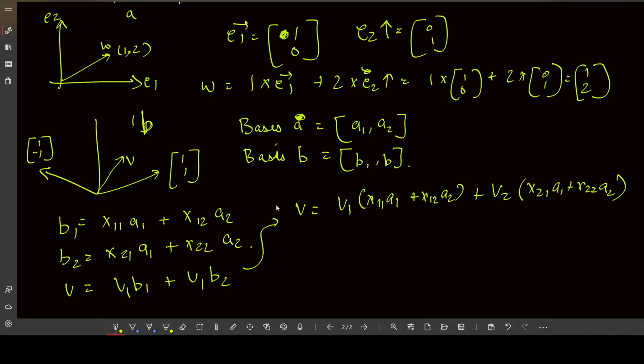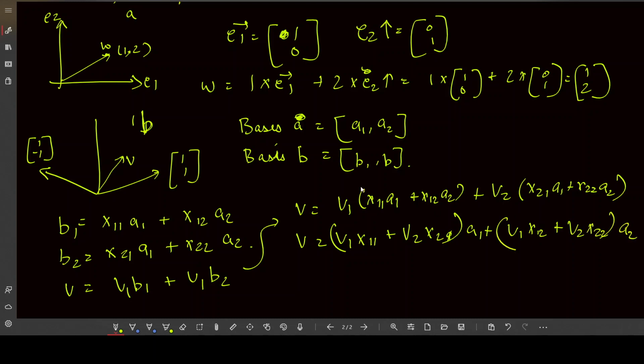What this essentially is, if you solve this further, you will get V as (V1 x11 plus V2 x21) A1 plus (V1 x12 plus V2 x22) A2. If you solve this further, you'll basically just get this.